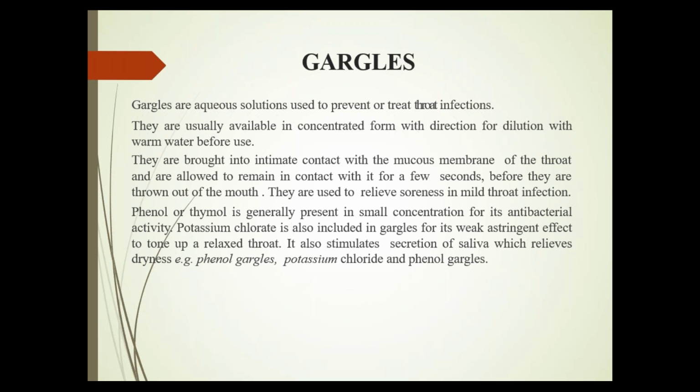It also stimulates the secretion of saliva. In a sore throat, what we usually see is that it becomes very dry, so potassium chloride stimulates the secretion of saliva, and thus the dryness is relieved. Examples are potassium chloride gargles and phenol gargles.